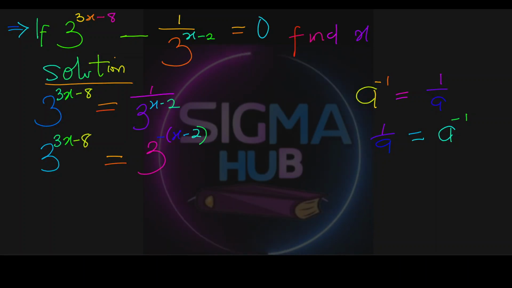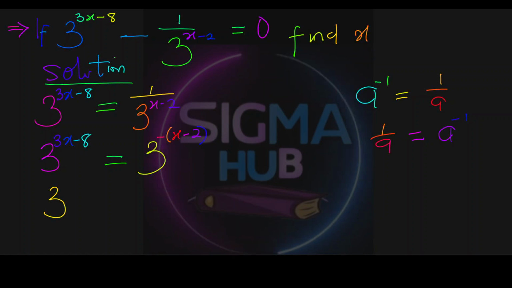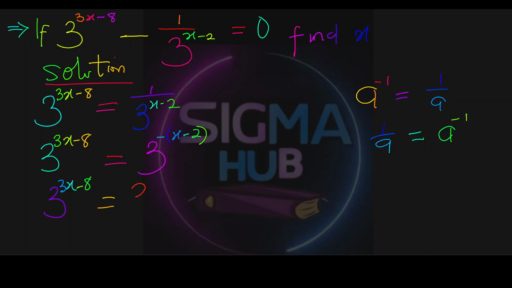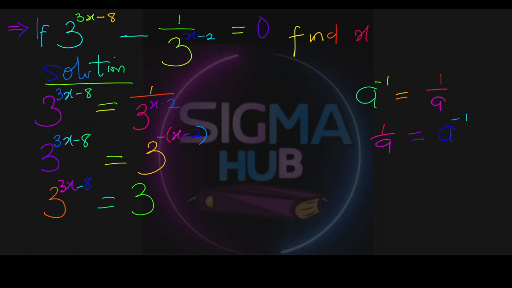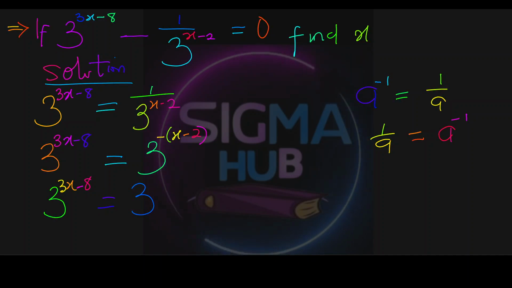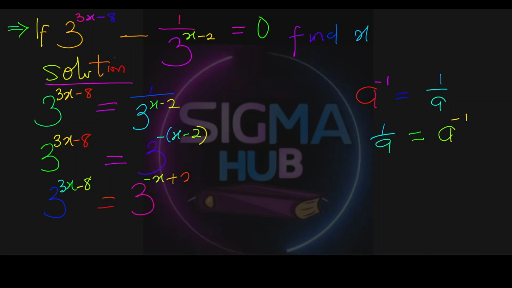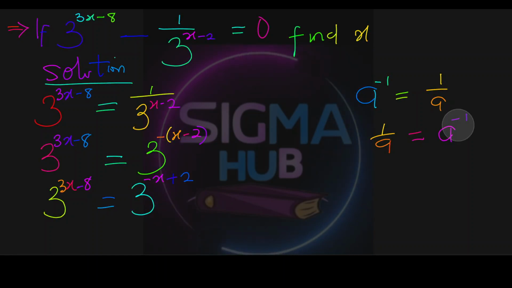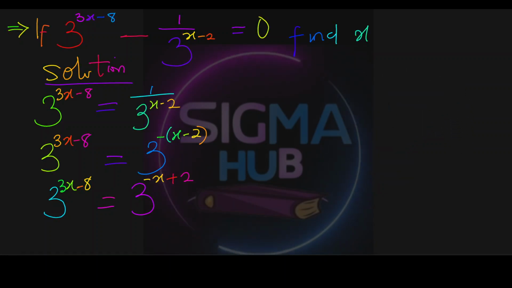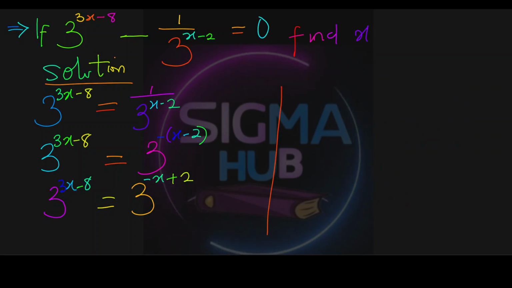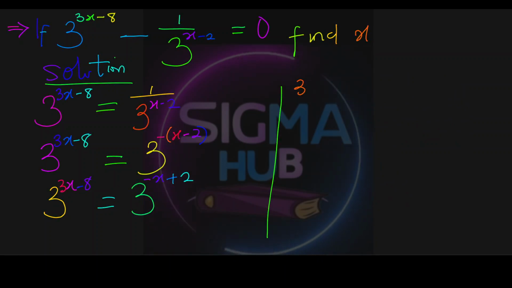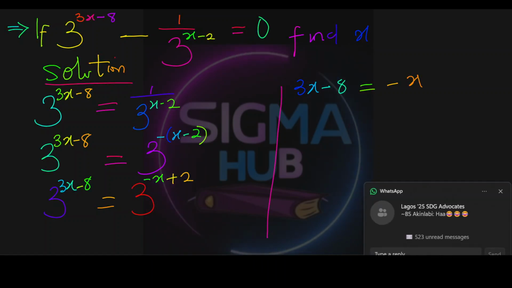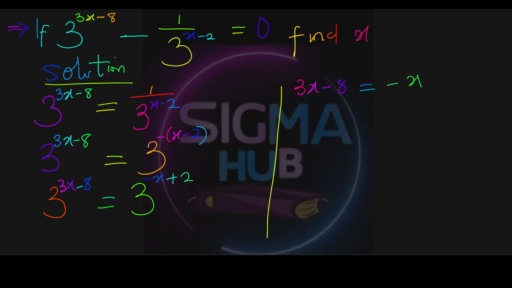So which in turn becomes 3 raised to the power of 3x minus 8 equal to 3 raised to the power of, I can expand by opening the bracket, we have minus x plus 2. Of course, when you have the same base, we equate the power. So let us equate the power. So equating the power, we have 3x minus 8 will now be equal to minus x plus 2.